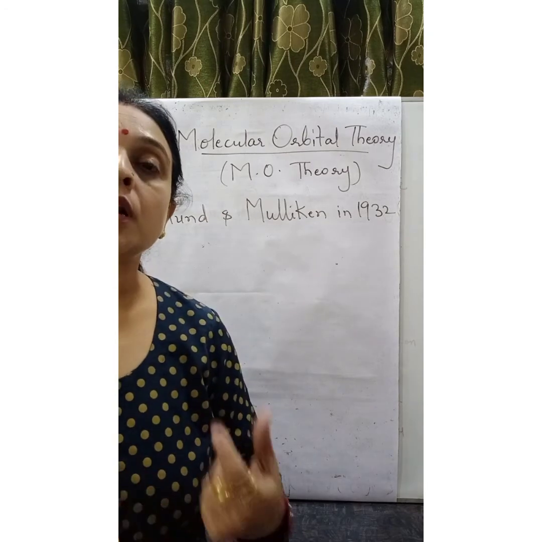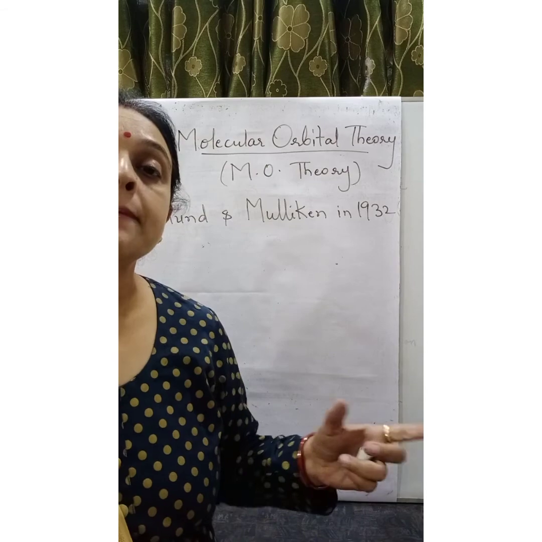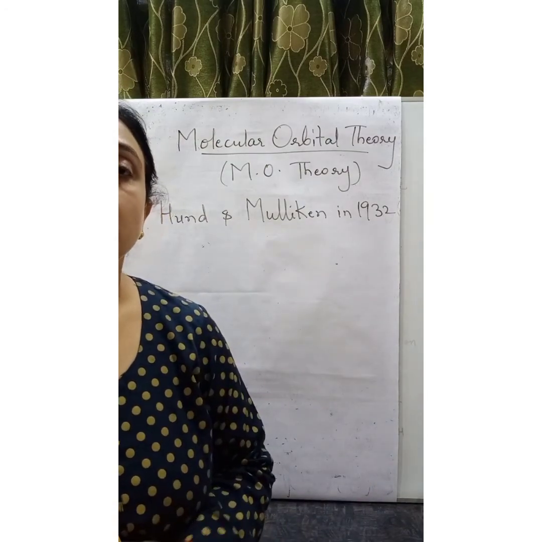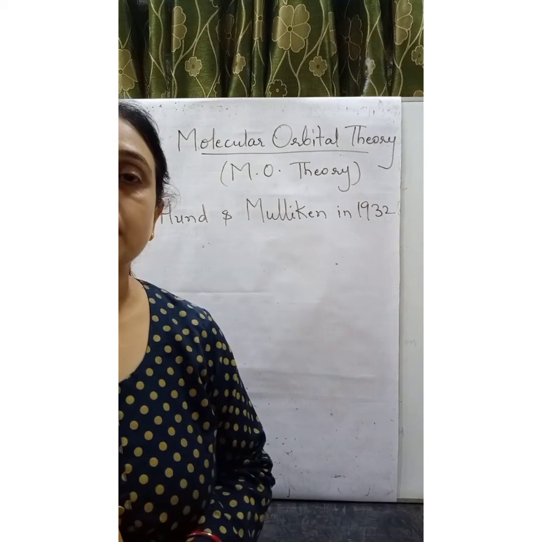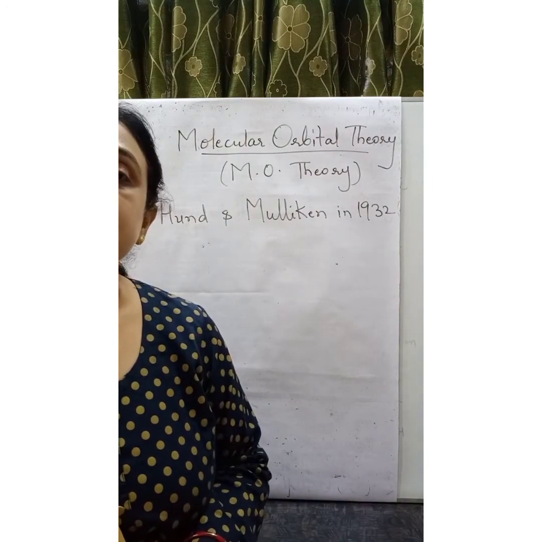According to Hund and Mulliken, the molecular orbitals are formed by the combination of the wave functions of two atomic orbitals having comparable energies and proper symmetry.